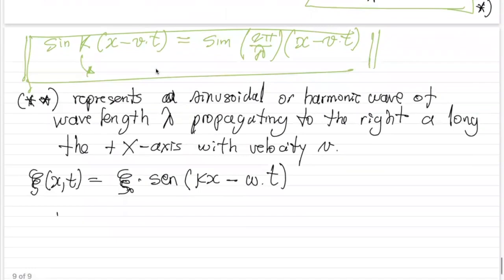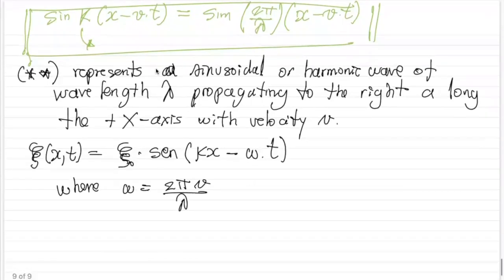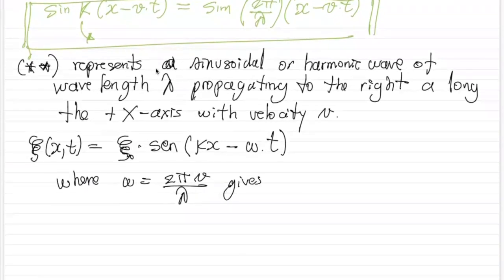Where omega in this case is equal to 2 pi v over lambda, the velocity over the wavelength, which gives the angular frequency of the wave.